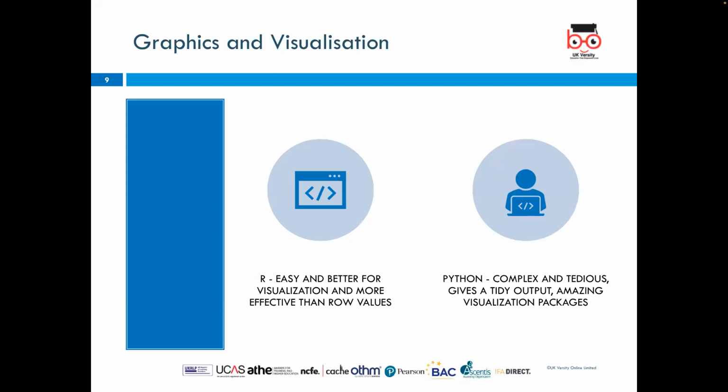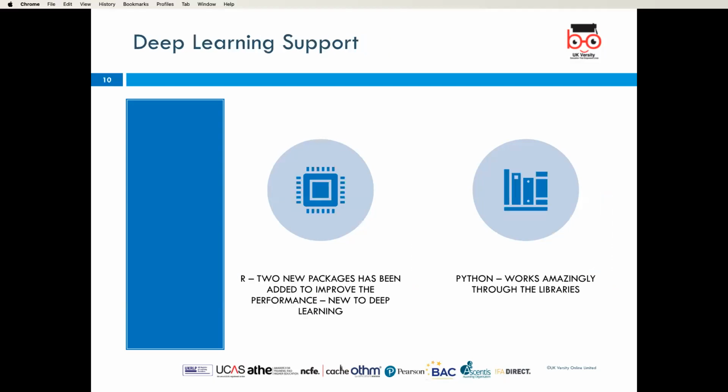Graphics and visualization: R is easy and better for visualization and more effective than raw values. Python is complex and tedious, but gives a tidy output, with amazing visualization packages. Deep learning support: two new packages have been added to improve performance. For those new to deep learning, Python works amazingly through its libraries.